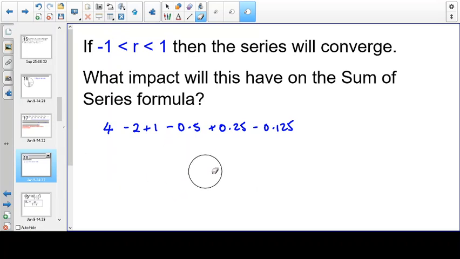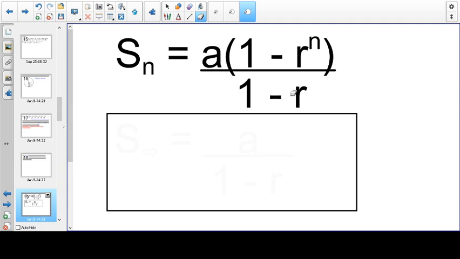R is small. So how is that going to impact the sum of the series formula? Well, let's have a look at the sum of the series formula. Here it is. This is how it stands for any series. What we're saying is that r is between -1 and 1, and n is tending to infinity.